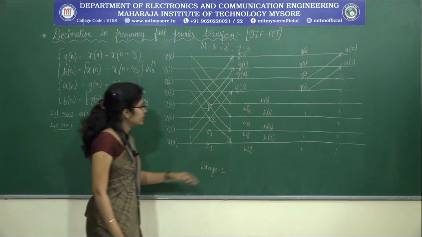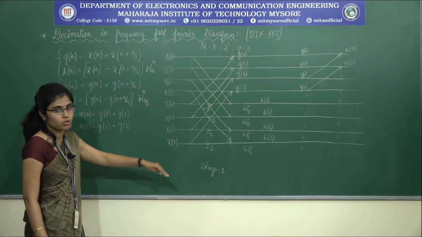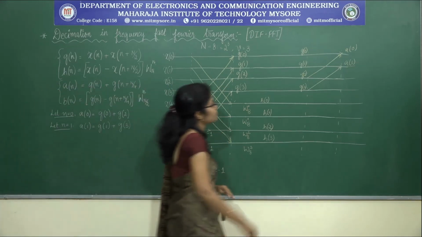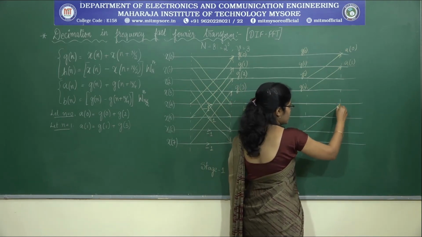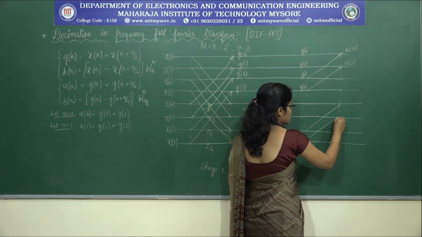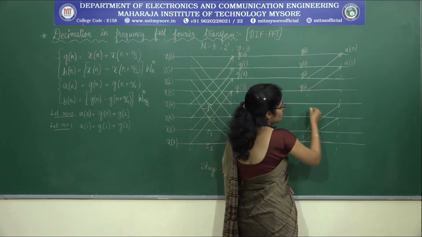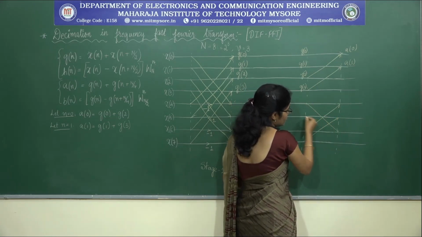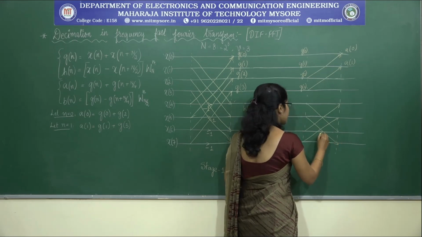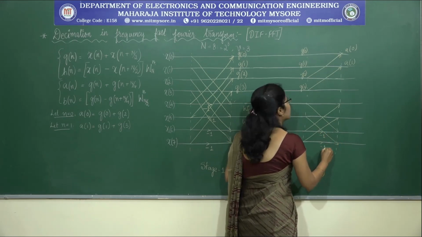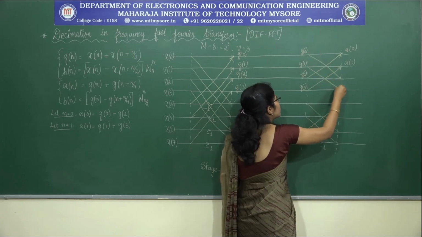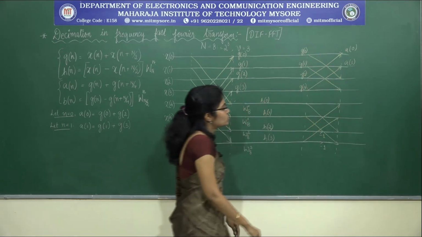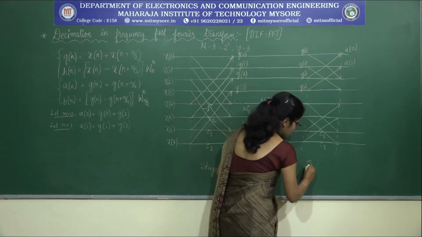Similarly, I need to perform the same for the lower term also. So these two signals will be combined and these two signals will be combined. Again these two signals will be combined by multiplying with minus 1. Again this and this will be combined. So this is nothing but stage 2.